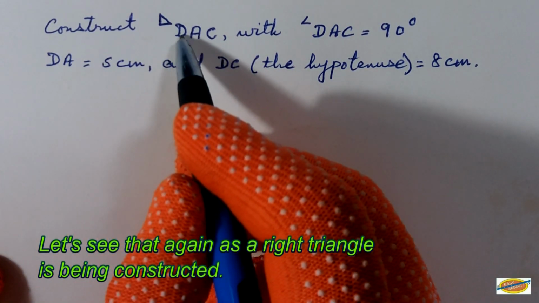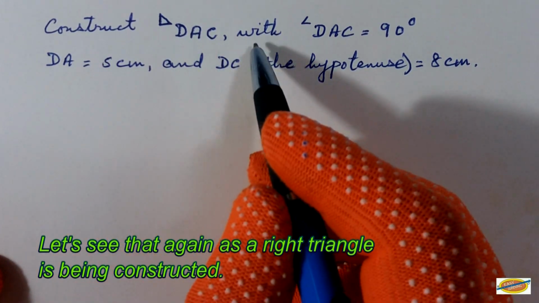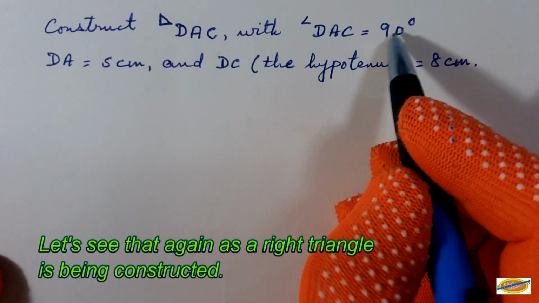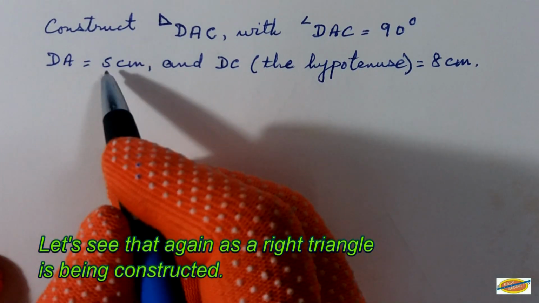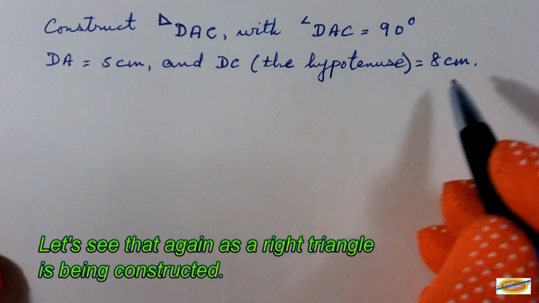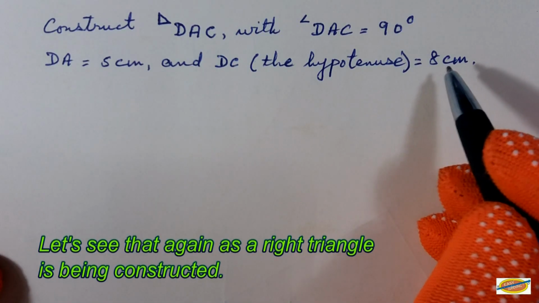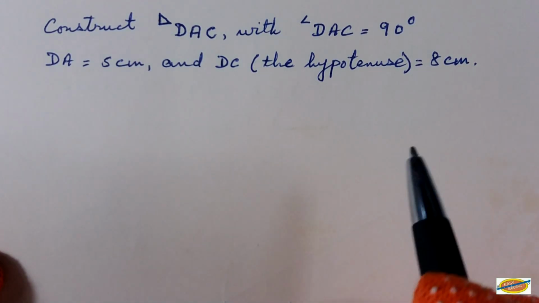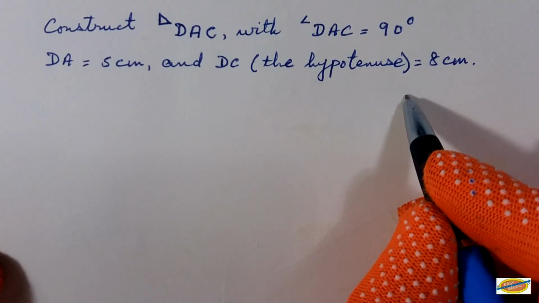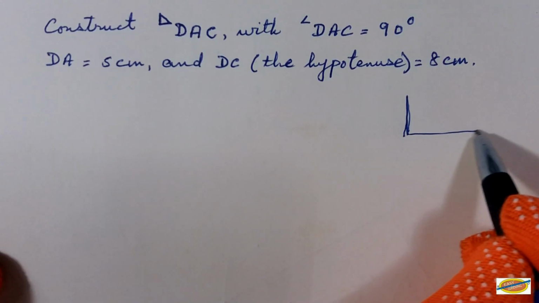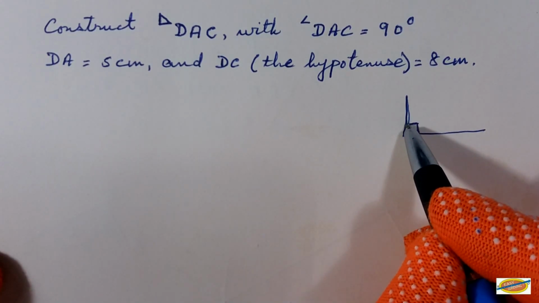Construct triangle DAC with angle DAC equal 90 degrees, DA 5 centimeters, and DC, which is the hypotenuse, 8 centimeters. First of all, we need to draw a sketch. Since this will be a right triangle, let's put a right angle here.